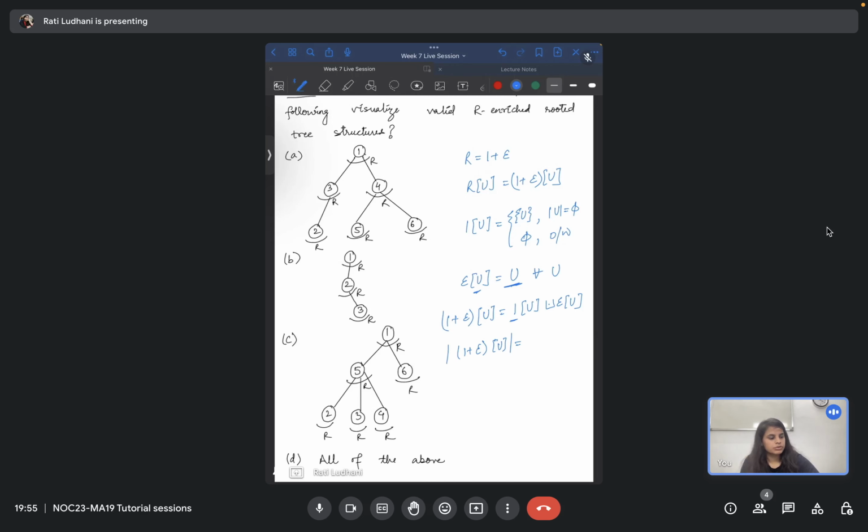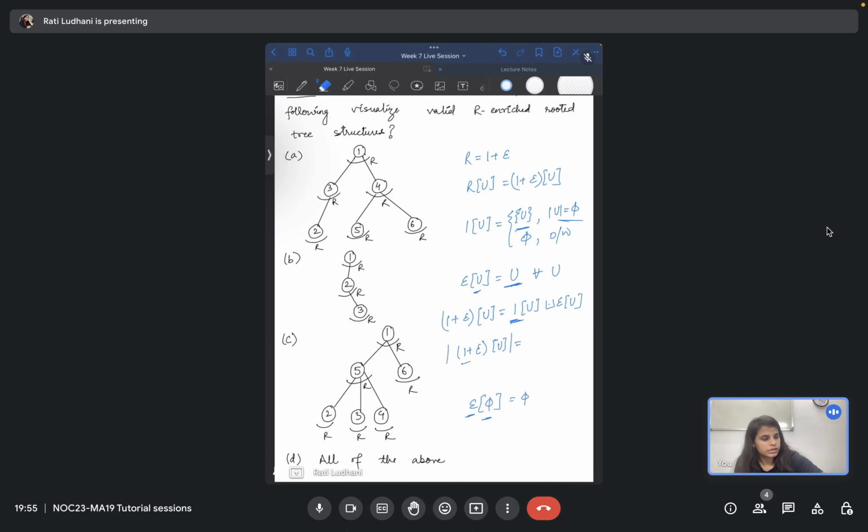So there will be no structure when U is the empty set with epsilon. But with 1 there is a structure when it is empty. So 1 will give exactly one structure when U is equal to 5.